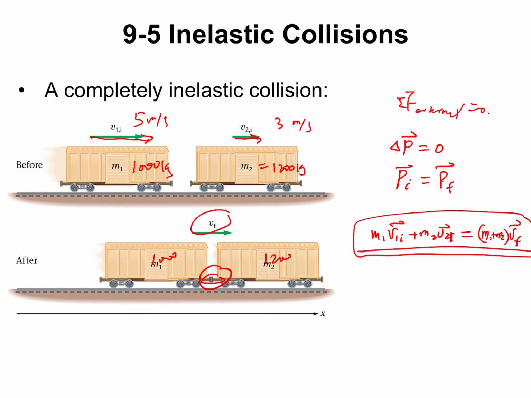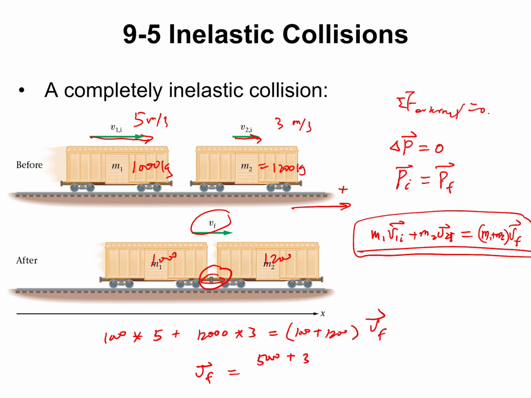Based on momentum conservation, assume this is the positive direction: 1000 times 5 plus 1200 times 3 equals 1000 plus 1200 times VF.